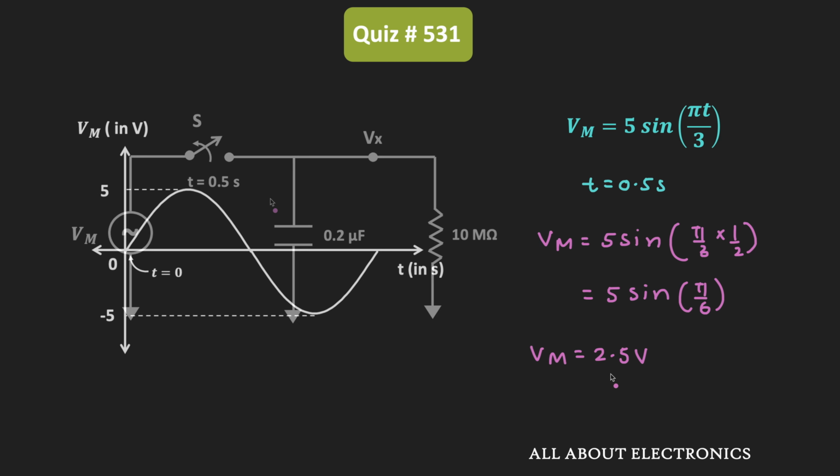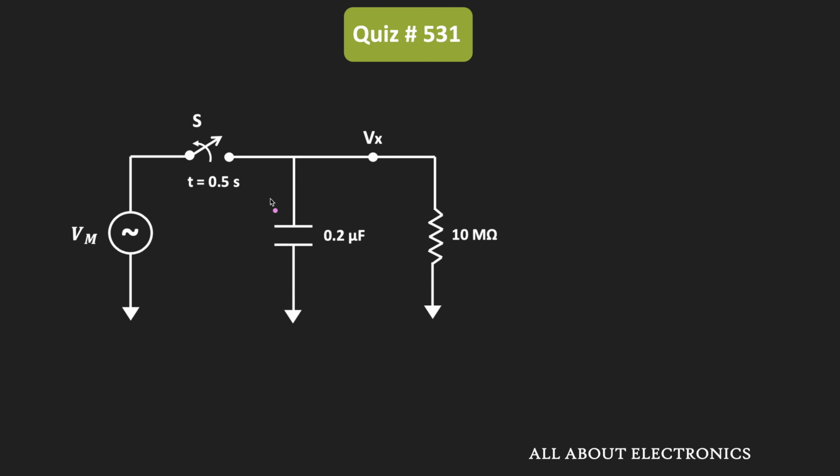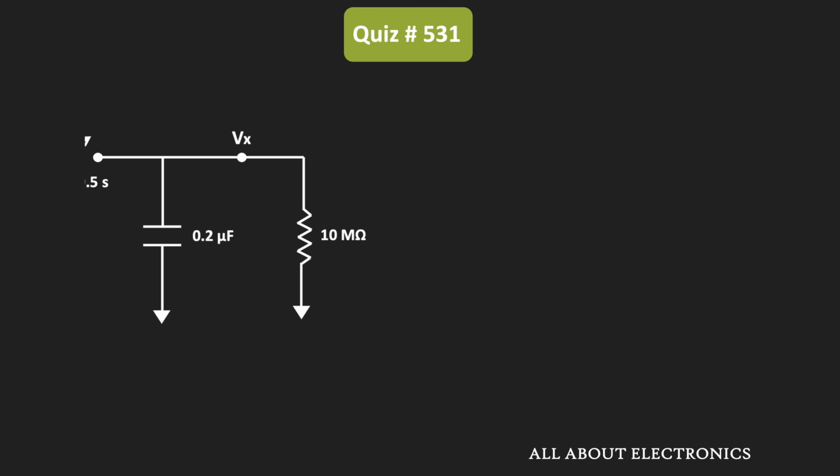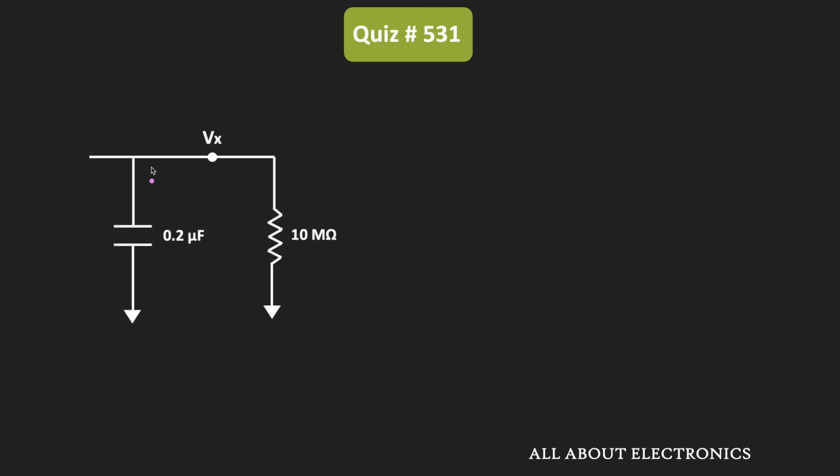It means that at t equal to 0.5 second, when the switch is opened, the voltage across the capacitor is 2.5 volt. And if we see the equivalent circuit, it will look like this. Now the voltage across the capacitor is 2.5 volt, and the charge on the capacitor will discharge through this resistor.